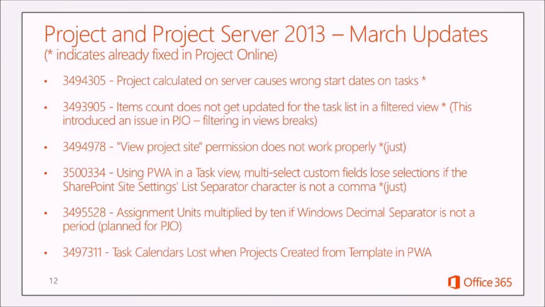So I'd have 50 units of that person, but the problem here was that it was not properly taking that decimal separator of a period or the non-period itself and recognizing it, and it was just taking that raw number, multiplying it by 10, and that's what it was giving you. So we've adjusted and made that fix.